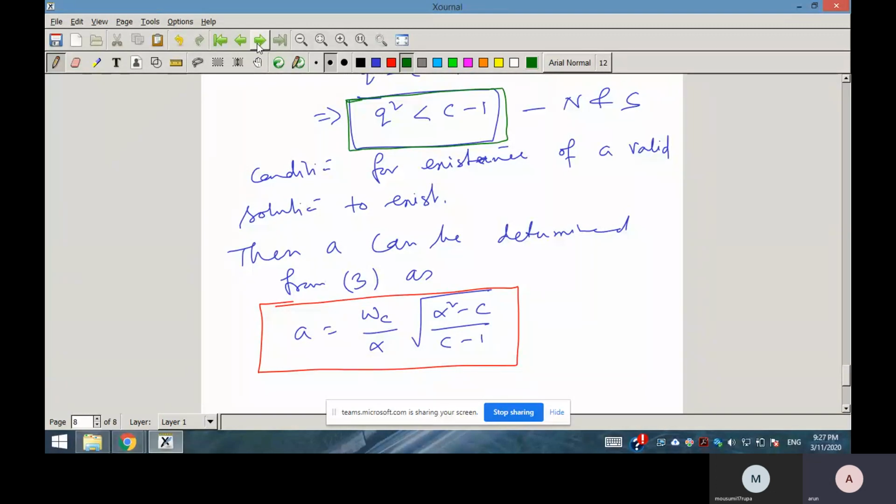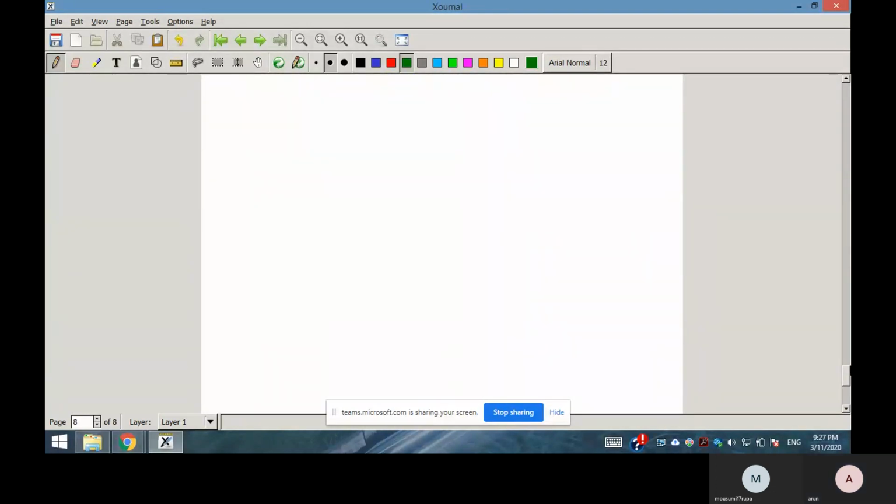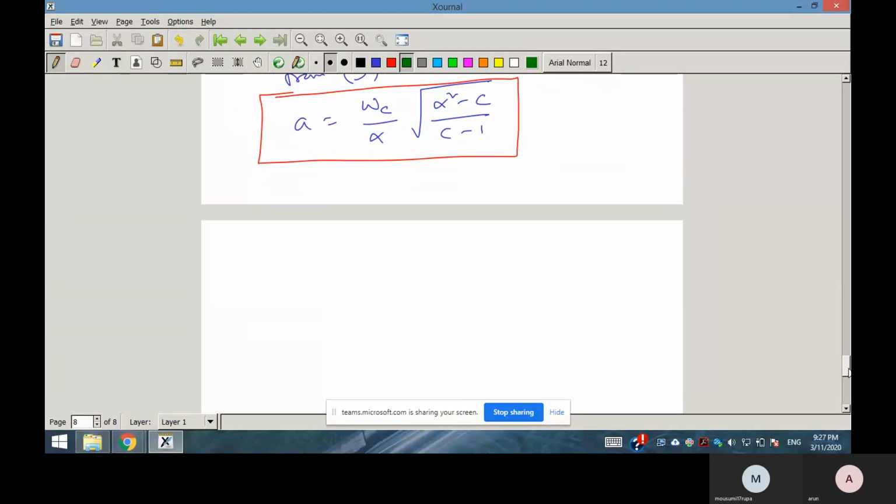Now one simple example we will consider.